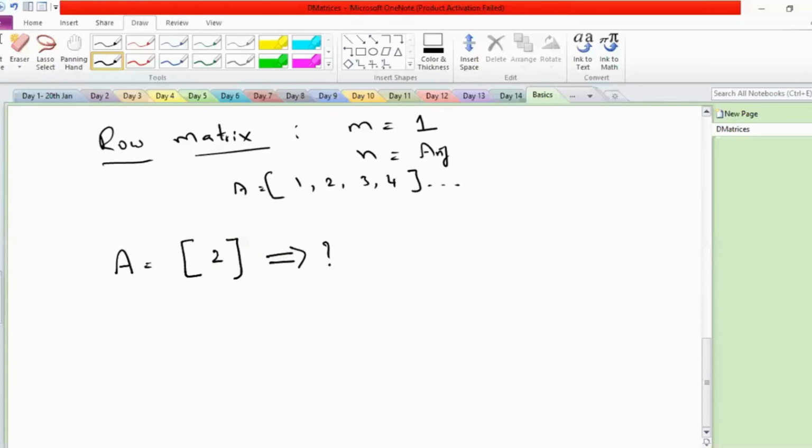Single row, single column. When you have something like this, it can be either a column matrix or a row matrix. It satisfies both the conditions. Singular matrix, we will come to that within a minute, Arvind.